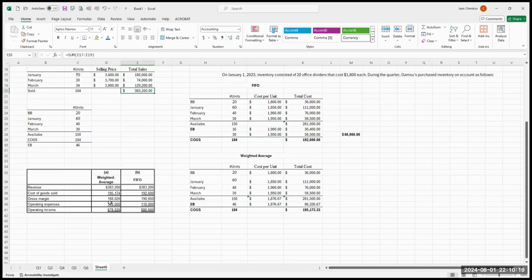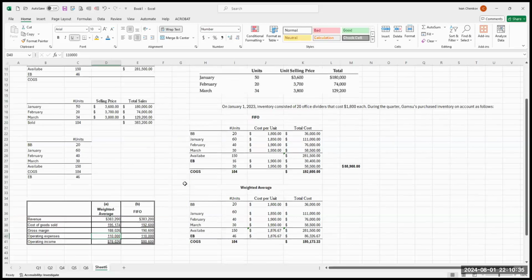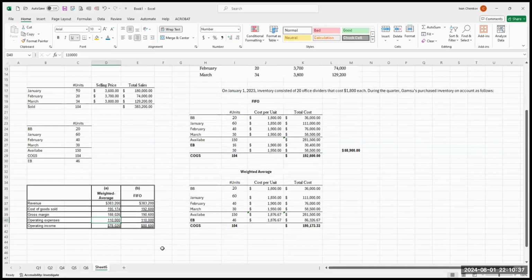Those are my sales, and my cost of goods sold under the weighted average I already have. If we're rounding the numbers, those are the numbers you should be getting. Gross margin, then operating expenses, which were given to us in the beginning in the requirements, and we're getting the operating income. Same thing you have to do here. And that's your next question. That was question number 8.